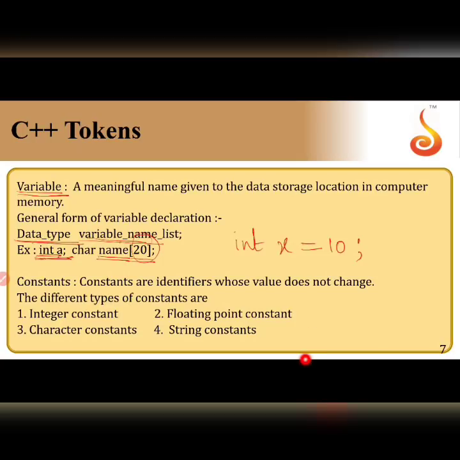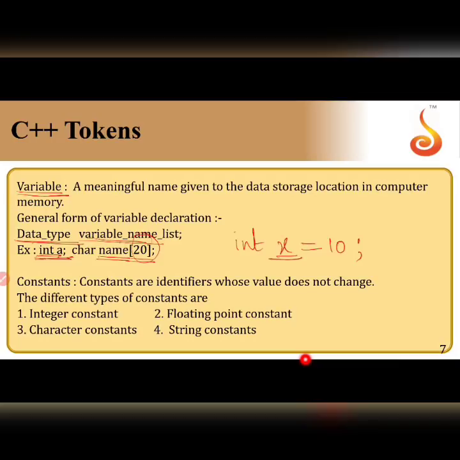That is, int x = 10; is the declaration and initialization of a variable x, and the semicolon is the statement terminator, and every C++ statement should be terminated with a semicolon. This x can change its value during the course of the program, but the initial value I am giving to x is 10.